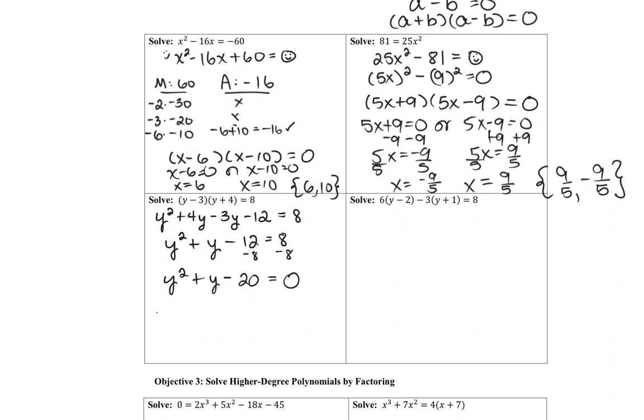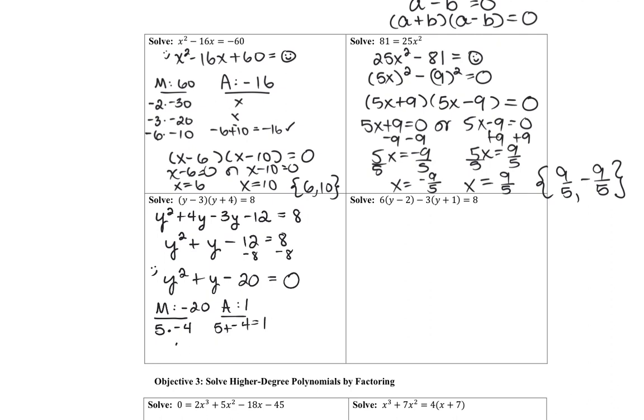So now I need two numbers. I've got that positive leading coefficient, right? Two numbers that multiply to give me negative 20 and add to give me 1. If you need to run through the possibilities, go ahead and do it. I know they have to be opposite in sign, right? So I'm going to go with positive 5 times negative 4, just in the interest of time on this video, because 5 times negative 4 is negative 20, and 5 plus negative 4 is positive 1.